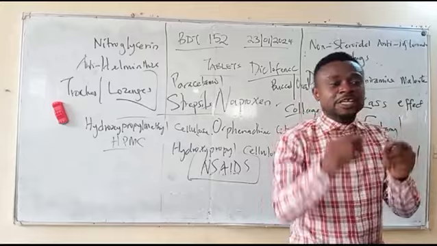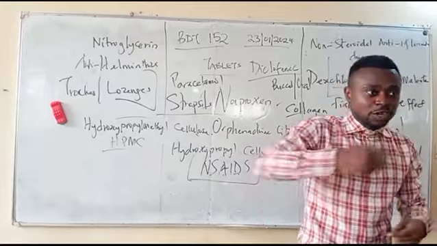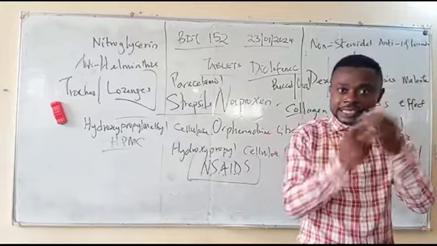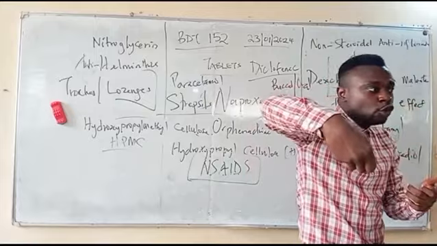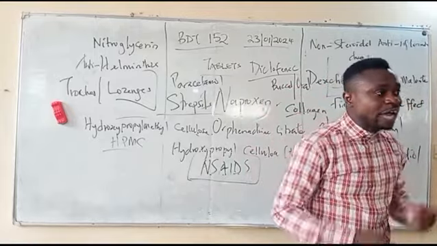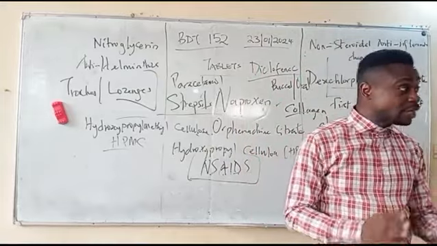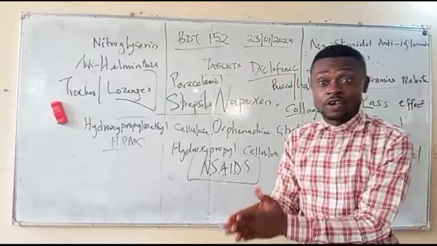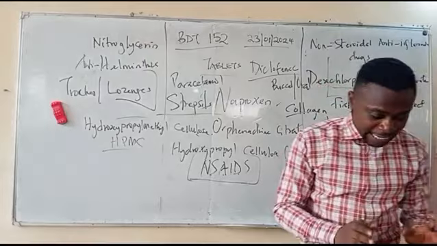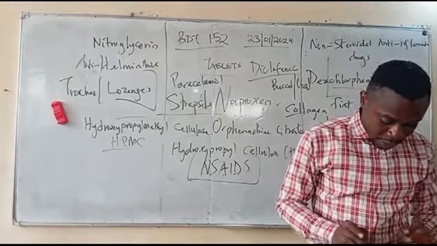At the same time, they give you a cream you will rub, or tablets you insert. That one is for local. So you are treating locally and systemically. Do you understand what we mean by systemic effect and local effect? So that's exactly what we are talking about here.